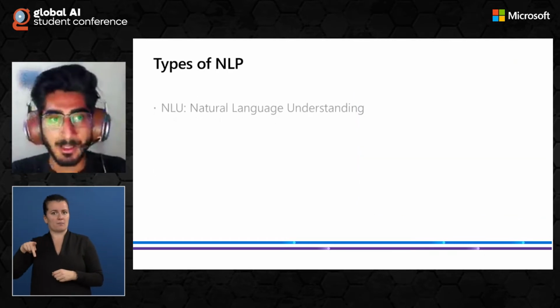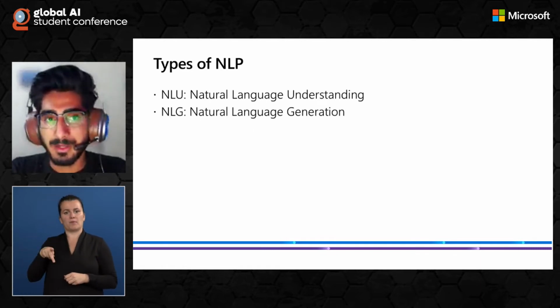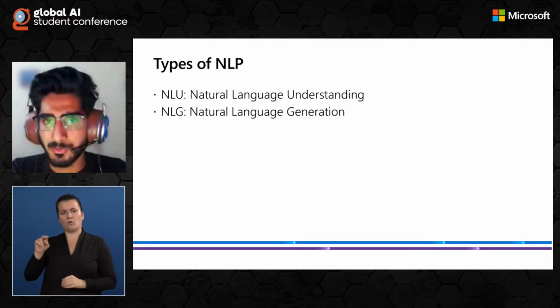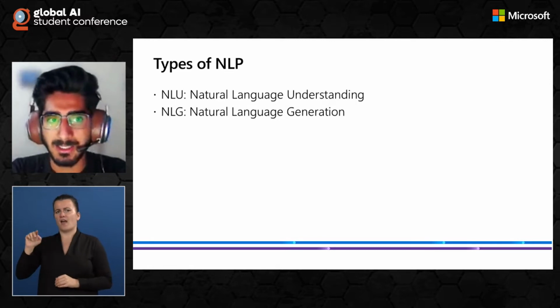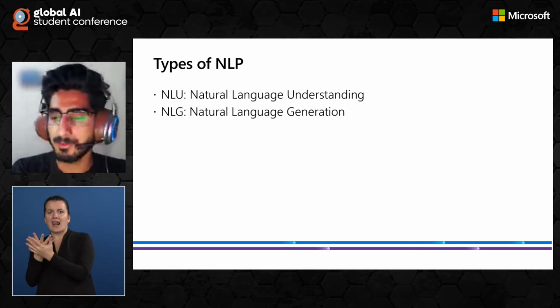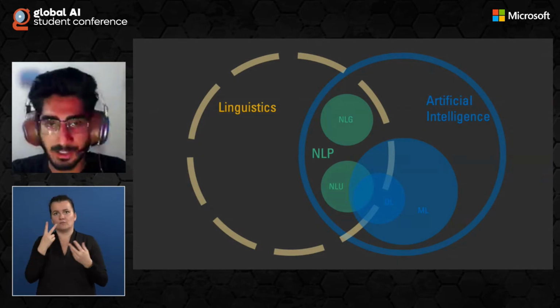Okay, so now we have two different types of NLP. We have NLU and NLG. NLU is natural language understanding, and NLG is natural language generation. And what do both of these domains do? We'll see in the next few slides.